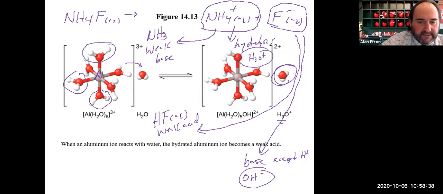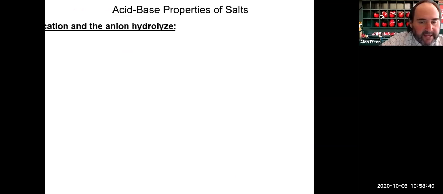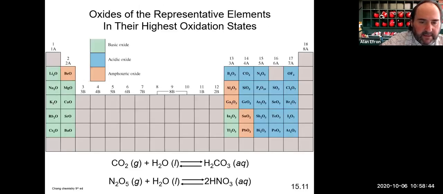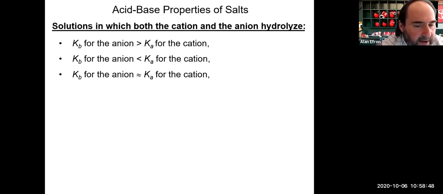So in a situation where both parts can go through hydrolysis, what we would do is compare the Ka value to the Kb value. We would look at the Ka value for the cation and the Kb value for the anion, and we would determine which one is larger.